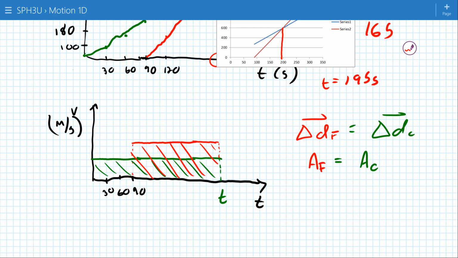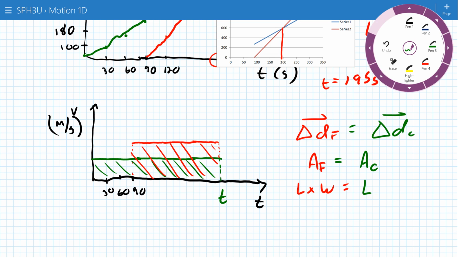Okay, so to get those areas, I have to use that unknown t, and I'm going to have to get a base and a height. Or length times width, whatever you want. It's actually rectangles here, so it's a little bit easier. Length times width equals length times width.